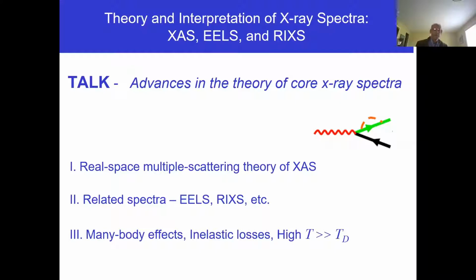Then we'll transition to a discussion of some related spectra that are similar to X-ray absorption: electron energy loss, resonant inelastic X-ray scattering, and so on. And then in the last part, I'll discuss our recent work on including many body effects, satellites, and the high temperature extension up to the warm, dense matter regime.